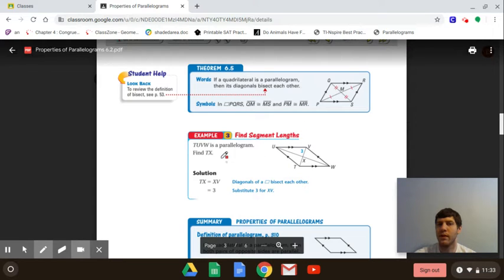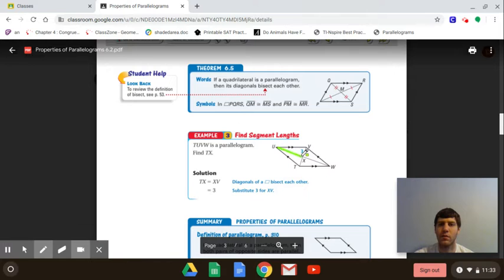Okay, so if quadrilateral TUVW is a parallelogram, we know that UX is going to be congruent to XW, and we know that TX is going to be congruent to VX. These 2 pieces are congruent. Let me do it in color. Let's use green.